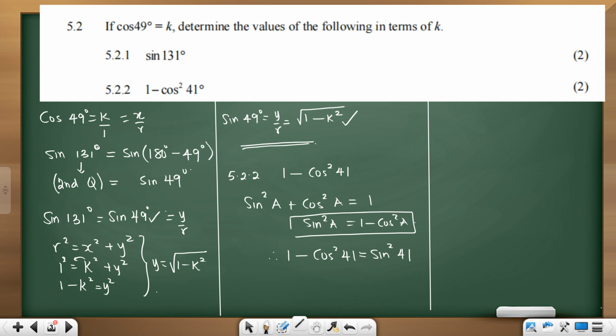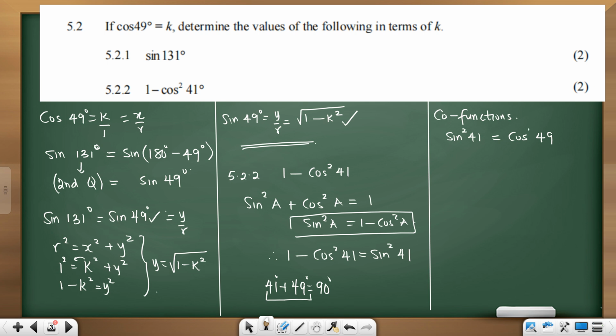What is the relationship between 49 and 41? Always check. Do you notice that 41 plus 49 would actually give us 90 degrees? Which means these two angles, I can use cofunctions. We are revising, so I'm going all out. It means that sine 41 is the same thing as cos 49.